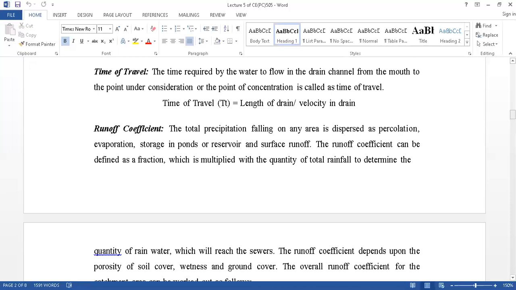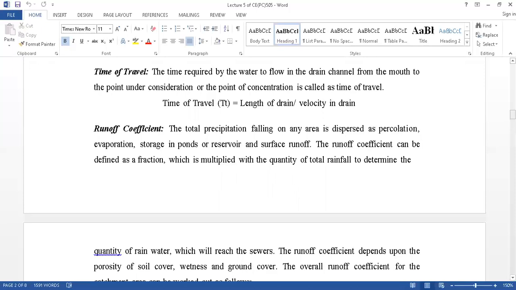That means we can see that the total rainwater is not flowing as surface runoff. A portion of the total rain is flowing as surface runoff, so the runoff coefficient comes as a fraction, which is multiplied with the quantity of total rainfall to determine the quantity of rainwater that becomes runoff.